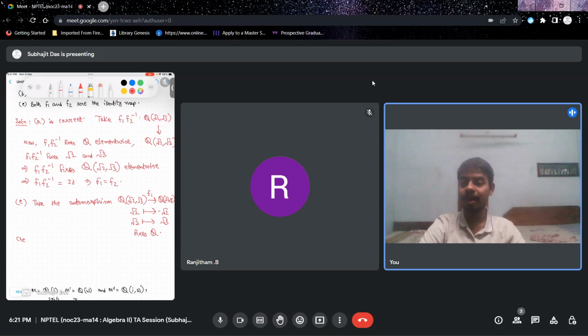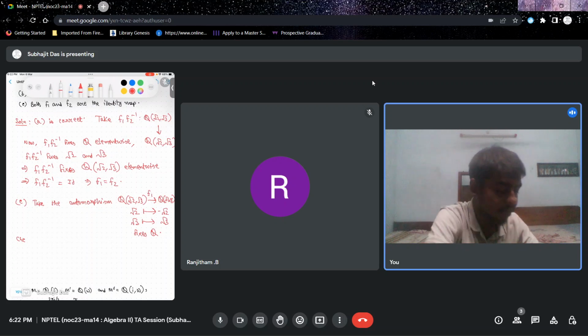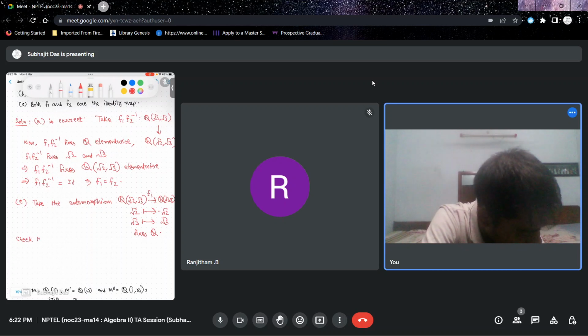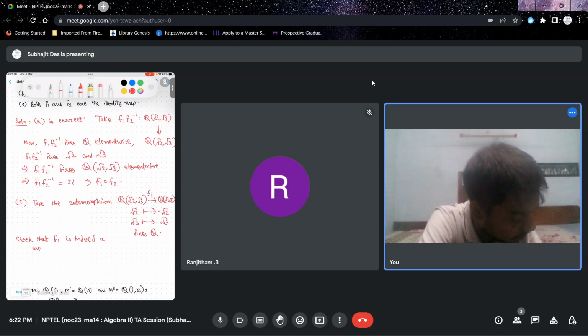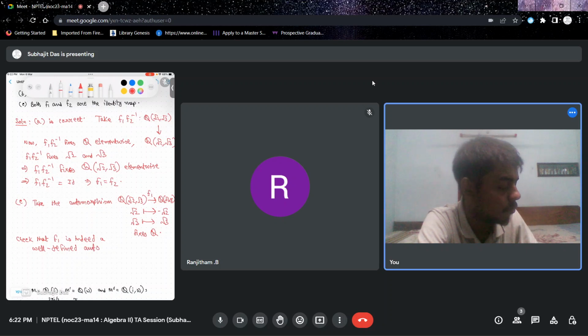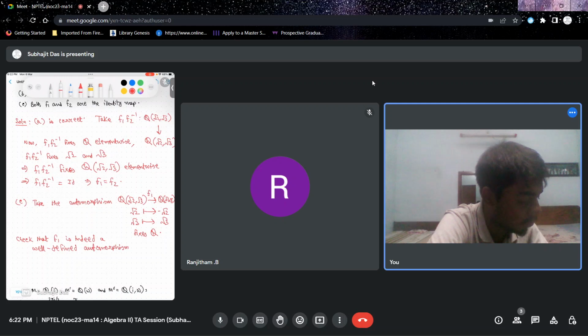Okay, so you have well-definedness and all those things, and this will be true precisely because root 2 and root 3 are, that is a very crude way of saying what I'm trying to say, but yeah, please try to check that F1 is indeed a well defined automorphism of Q(root 2, root 3).